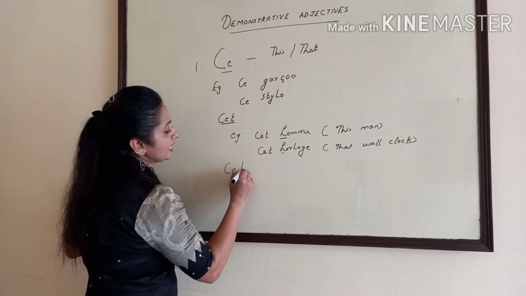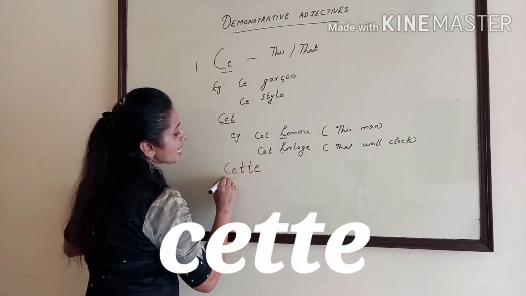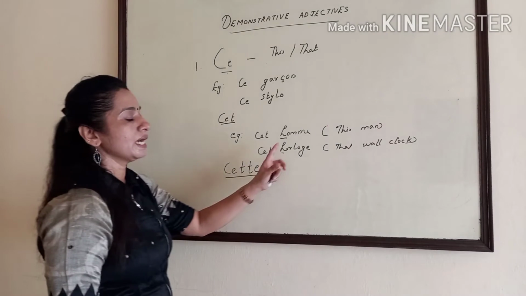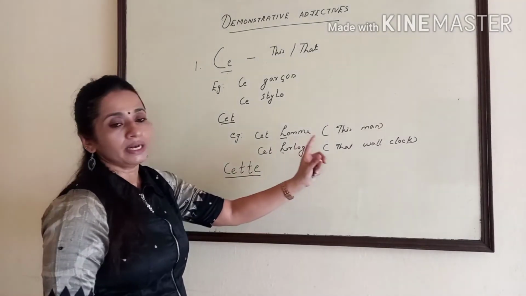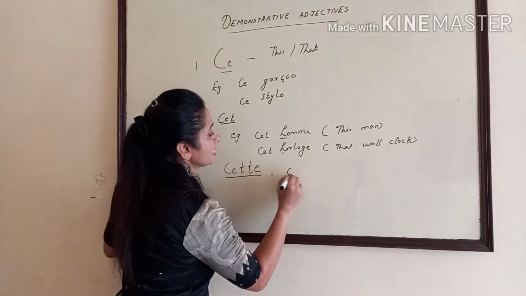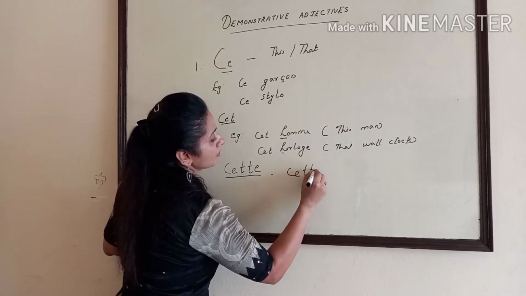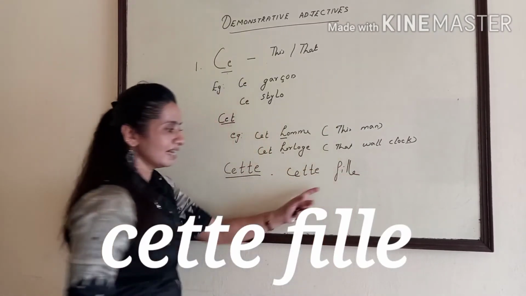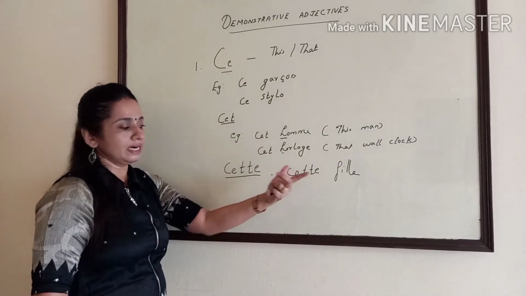C-E-T-T-E, pronounced as "set". CETTE is used in front of a singular feminine noun. Cette fille, that means this girl or that girl.